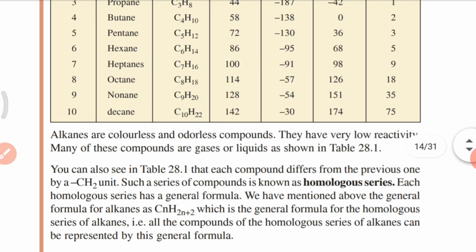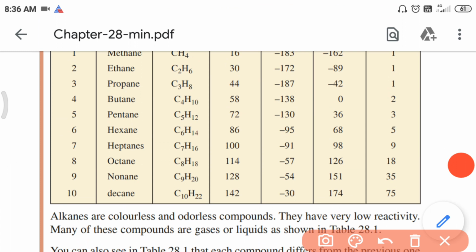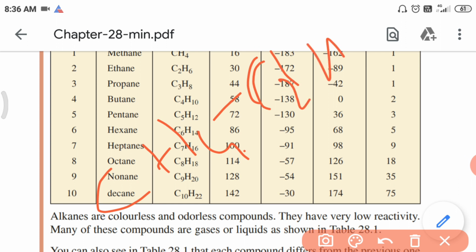In the previous table, we can see the difference between CH4 and C2H6 is CH2. The difference between CH4 and C2H6 is CH2.